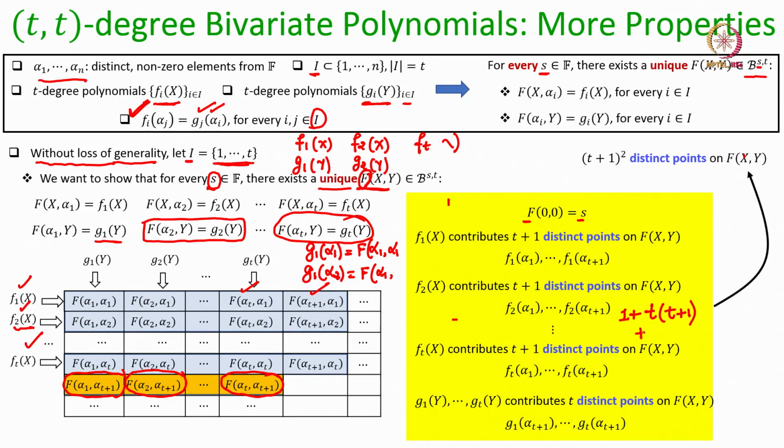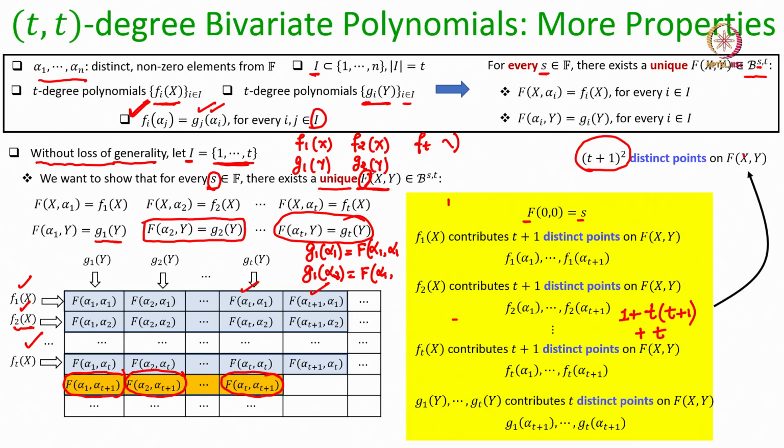And now because of the constraints imposed by the y univariate polynomials, we are fixing t more distinct points on the bivariate polynomial. So, altogether they contribute t plus 1 square distinct points on the unknown bivariate polynomial.